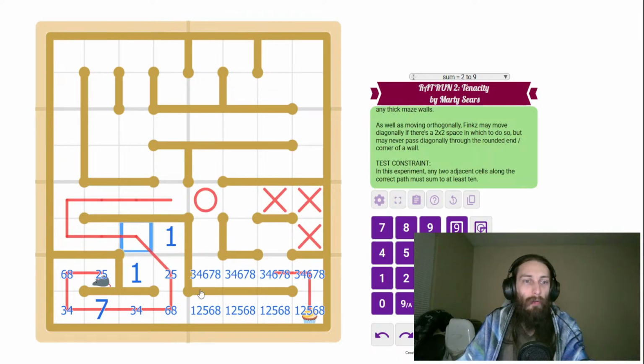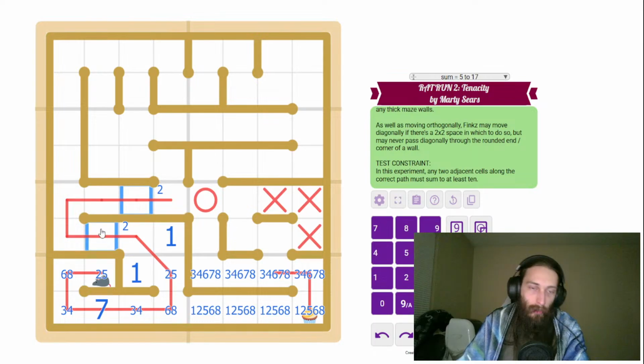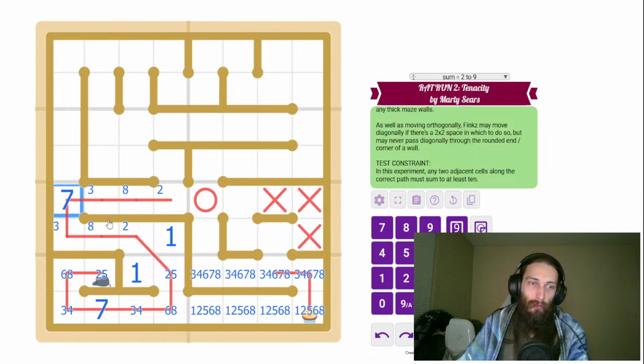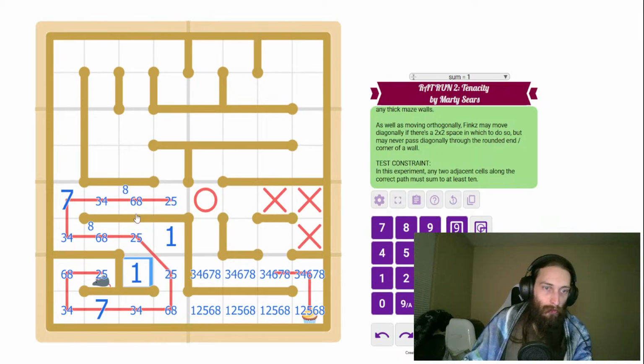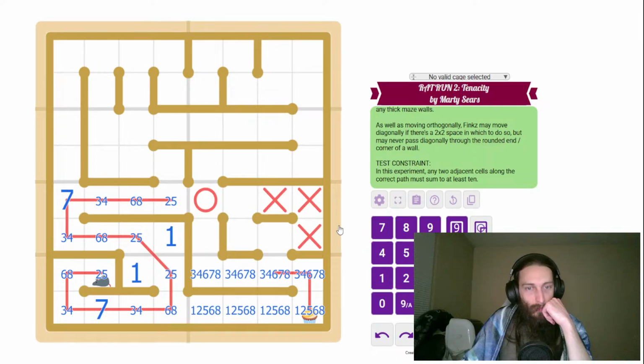Oh, box 5. Right. 2. And then immediately 8. 3, 7. So I should just be placing 3 4s, 6 8s, and 2 5s.